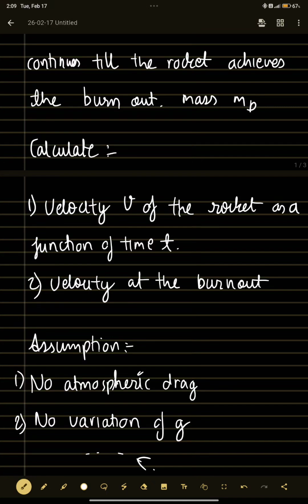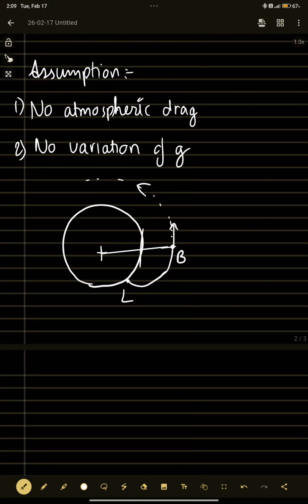And here you have to neglect the atmospheric drag and any variation of g as your rocket moves from L to B. Normally there will be a variation in g because the distance from the center of the earth is changing, but you have to assume there is no variation of g.